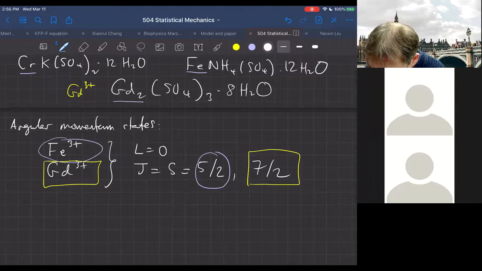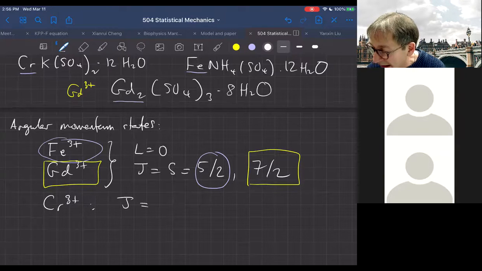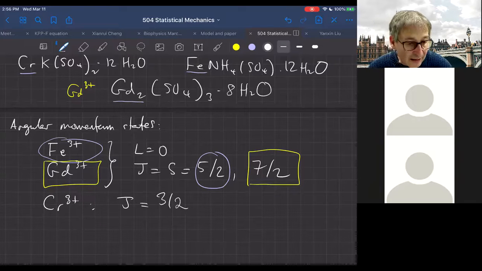And then for the chromium, it turns out, for reasons that I had difficulty understanding in detail, but I believe are correct, that the angular momentum state there is 3 halves. The reason that one's complicated is that for the iron and the gadolinium, the arguments were easy to understand with basically high school chemistry and simple rules for valences.